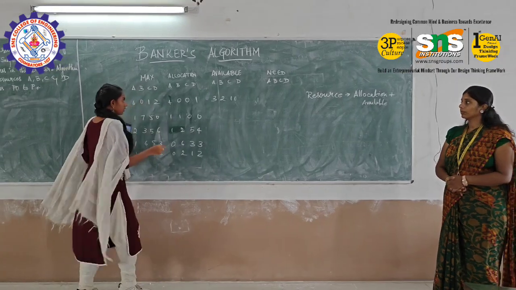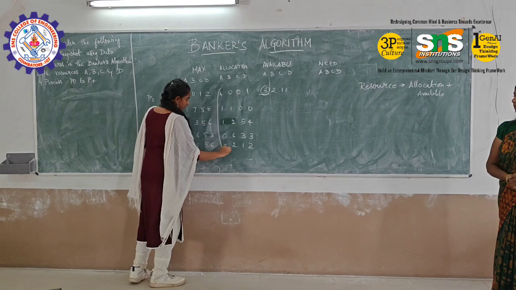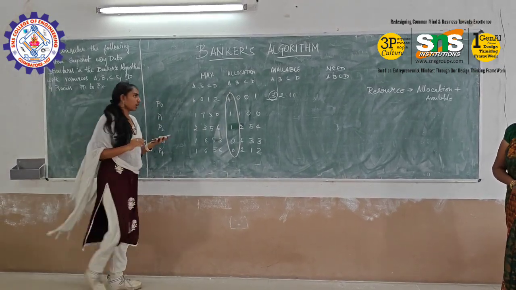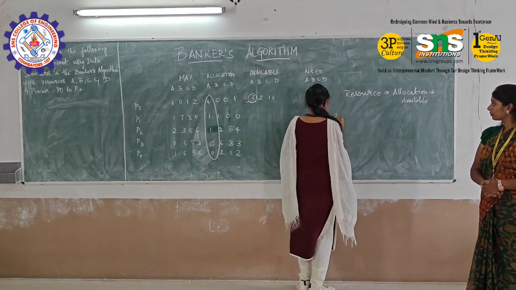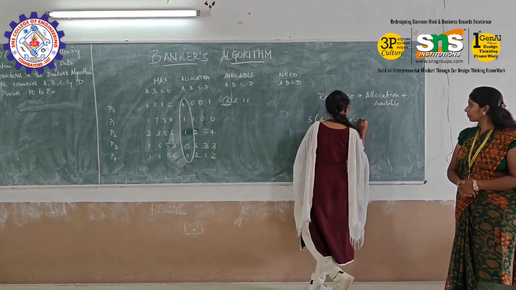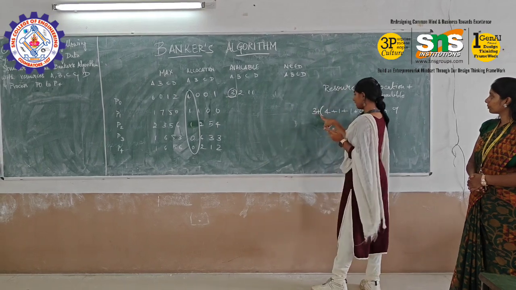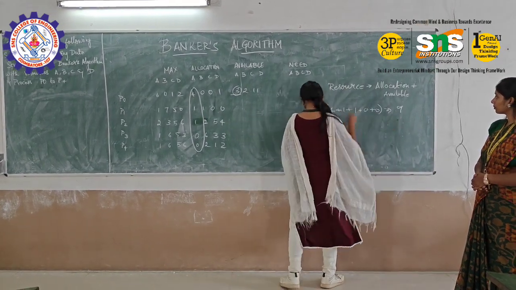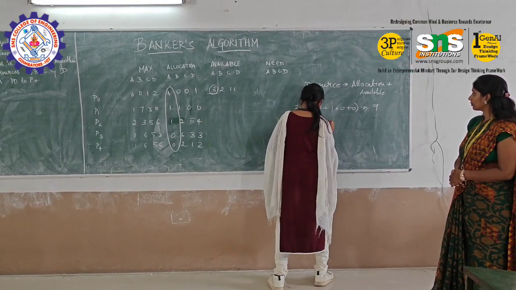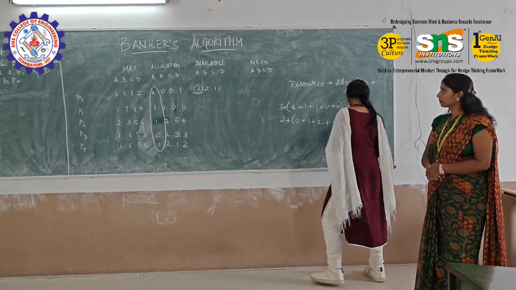So according to this, the available is added to the allocation of the whole process, P0 to P4. If we add all of it, we'll get the first one as 9, and then we'll go with the second one, which would be 13.